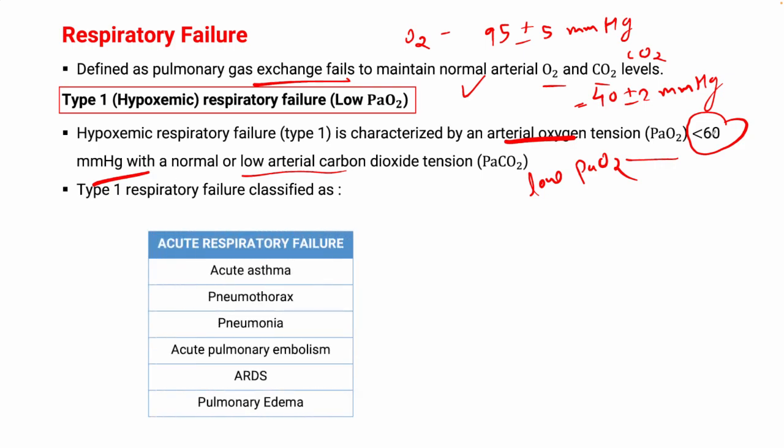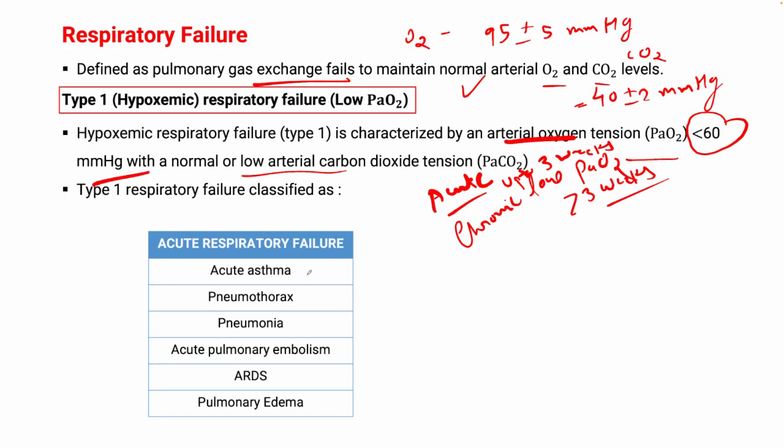First is acute respiratory failure. Any disease is classified into 2 criteria, acute and chronic. Anything up to 3 weeks we can term acute; more than 3 weeks goes to the condition known as chronic. So what are the reasons for acute respiratory failure?